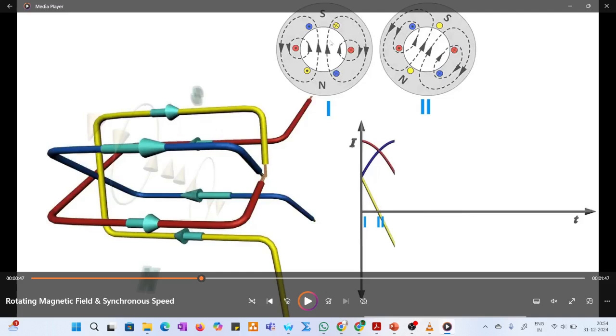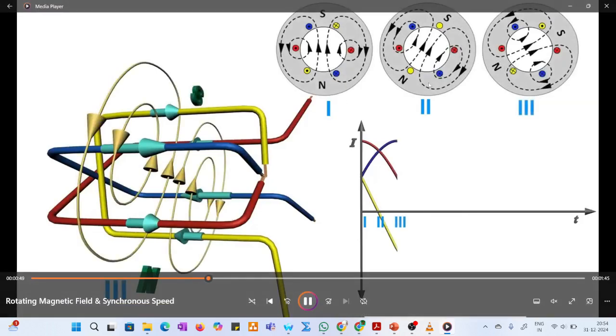This is the 0 degree at phase 1, and next is the direction. How it is changed, that is, the magnetic field is shifting from one to the other.